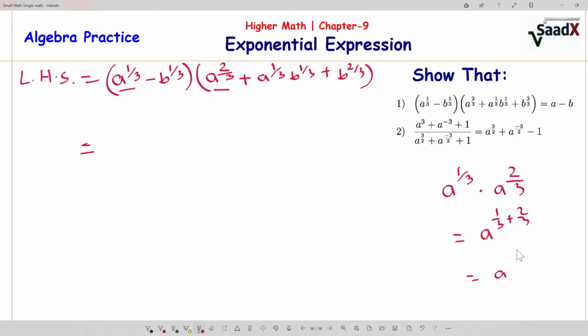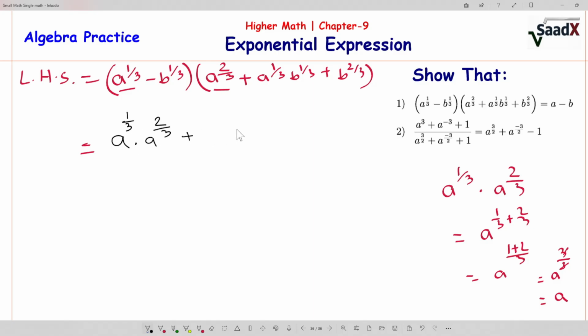We can make the LCM, so 1 plus 2 is 3, divided by 3, so it will be a. So a to the power 1 by 3 times a to the power 2 by 3 will become a, up to you.